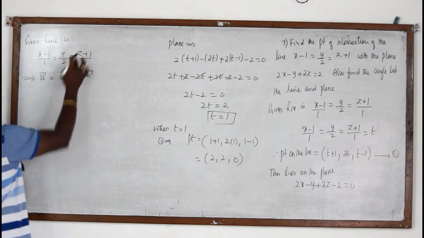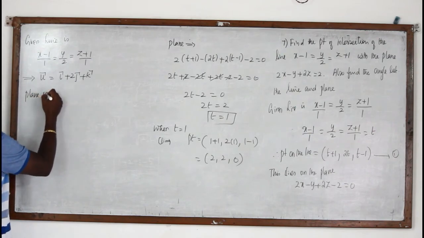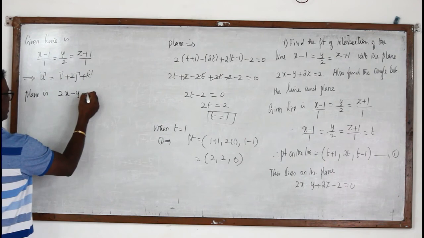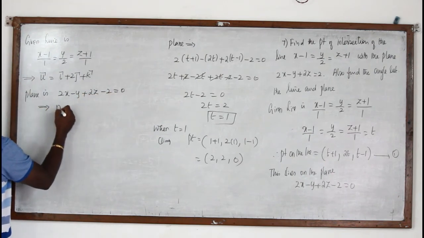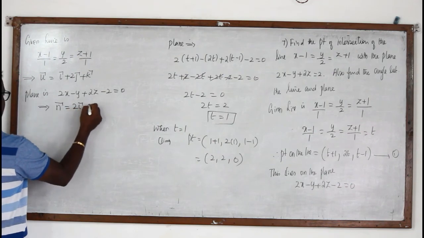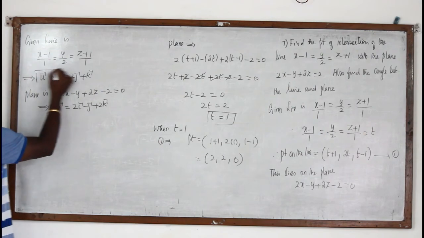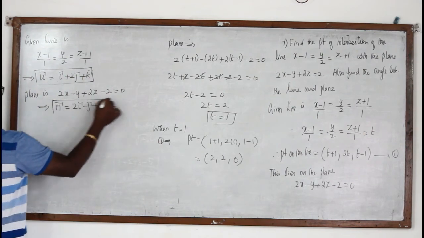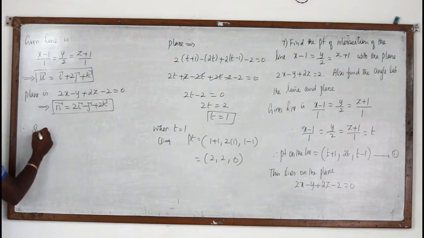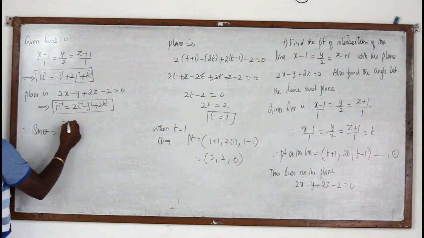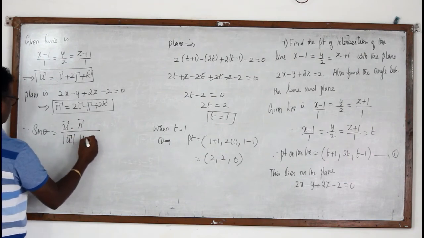And the plane is 2x minus y plus 2z minus 2 equal to 0, then the n vector is 2i minus j plus 2k. I got the u vector and also the n vector. Therefore, the angle between line and plane is given by the formula sin theta is u dot n by modulus of u into modulus of n.